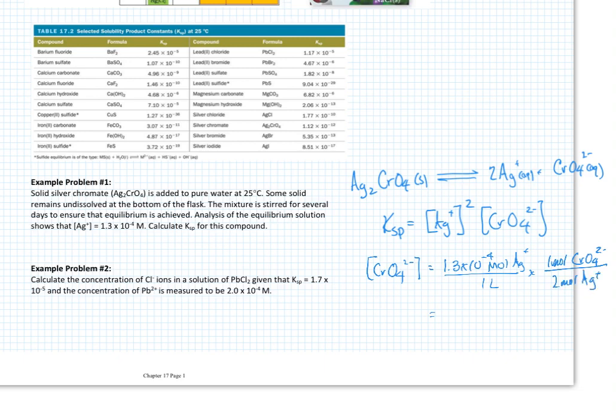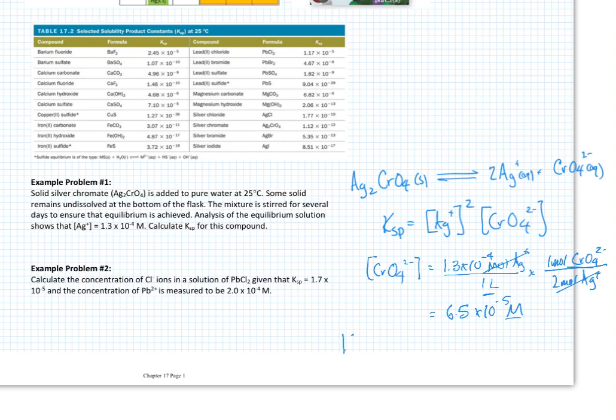And if we do that calculation, we find out that 6.5 times 10 to the minus 5 moles per liter would be the concentration of the chromate ions. Good practice is to cancel out the units that are being canceled out. So we still have moles chromate for every liter of solution, so that should give me molarity.